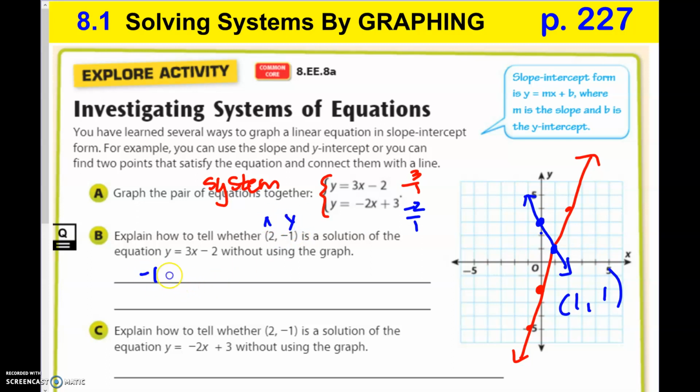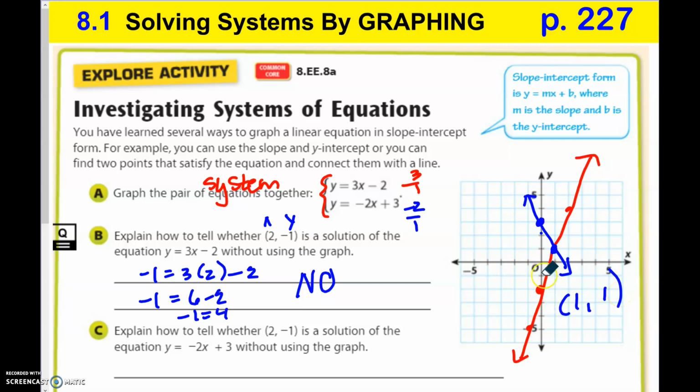So we have negative 1 equals 3 times 2 minus 2. So negative 1 equals 6 minus 2. So does negative 1 equal 4? No. Okay, so that's how we would do it, and that's what we were just doing on the other problem. So we know that that is not a solution. Okay, we found the solution to be at 1, 1.